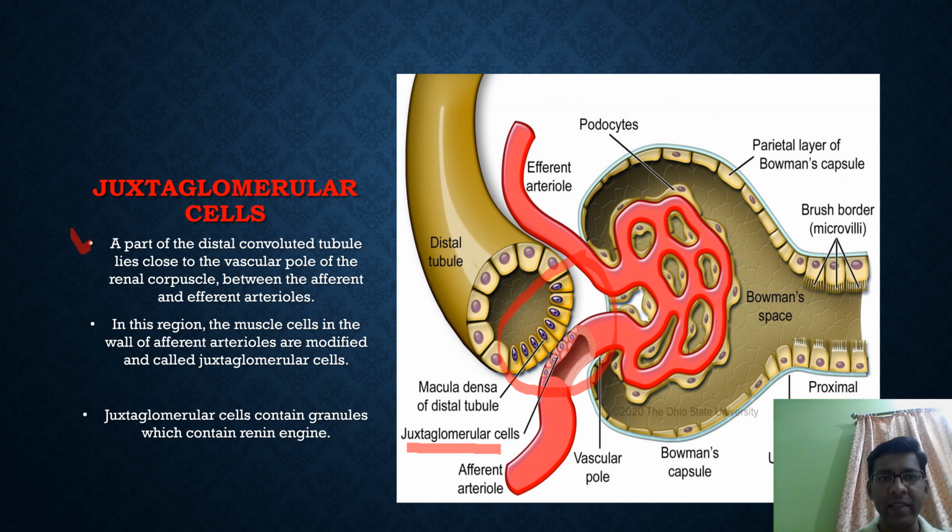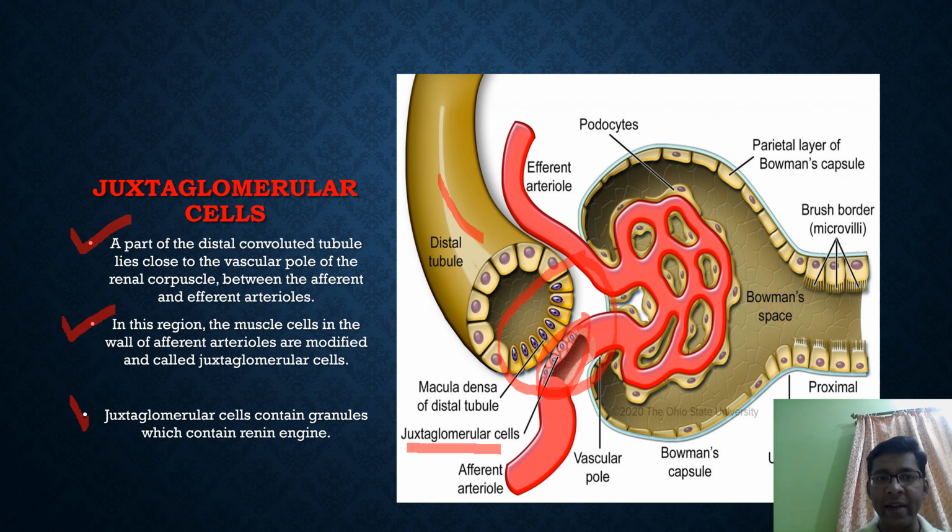Kindly check the lines. A part of the distal convoluted tubule lies close to the vascular pole of the renal corpuscle between the afferent and efferent arterioles. So this is a distal tubule which remains close to the renal corpuscle. In this region, the muscle cells in the wall of the afferent arteriole get modified and are called the juxtaglomerular cells.